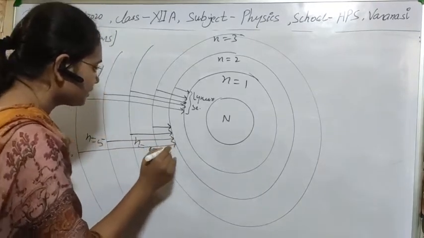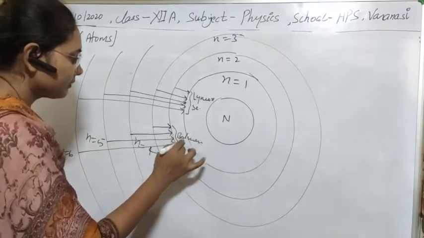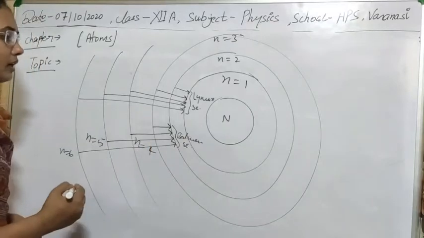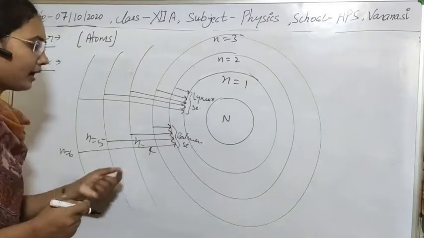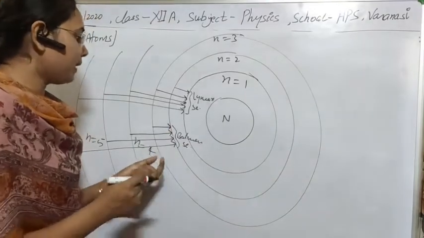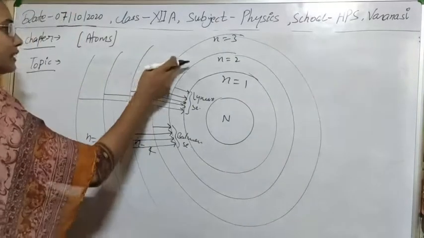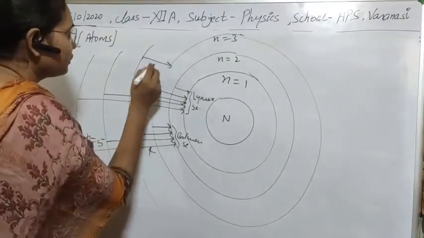Such types of transitions can take place, and this series is known as the Balmer series. Clear? Again, we can easily draw the series for Paschen, and as you know, for Paschen the lowest energy level is n equal to 3. So we can draw for n equal to 3 like this, from n equal to 4 to n equal to 3.